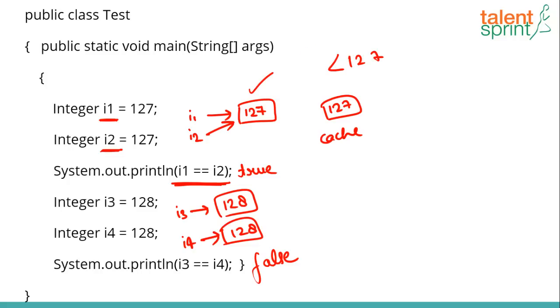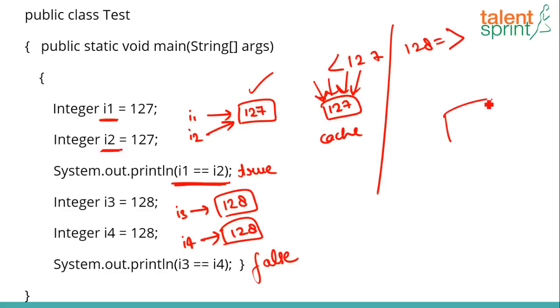So till 127 we have cache memory that holds 127 or any value less than 127. So as many objects as you create, they will point to the 127 in the cache. But above 127, 128 or greater than 128, the value will not be stored in the cache. This is not in the cache now, this is in your program pool.